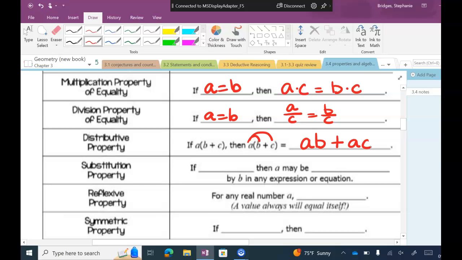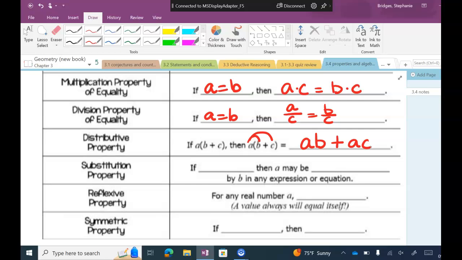We've done it before in algebra. Also, when we do some of these algebraic proofs, they say combining like terms, like adding 2x and 3x together, they call that distributive as well.